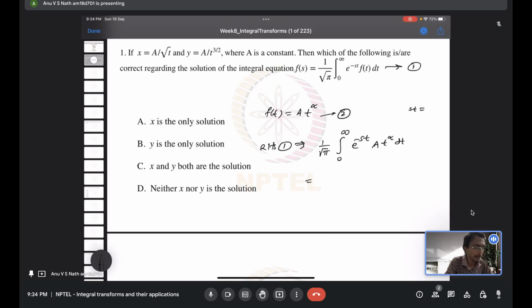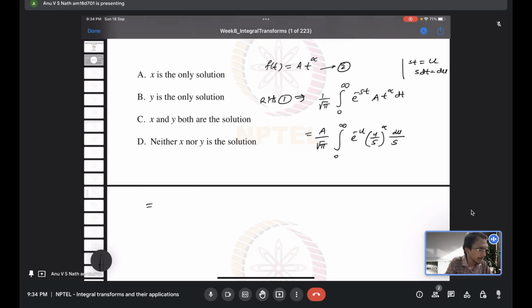So you can substitute st equal to u, so that s dt is du. Now you take the constant outside. The limit is not going to change because of this substitution, which will be 0 to infinity again. Now exponential of minus st is just minus u, then t is just u by s, the whole raised to alpha, then dt is du by s.